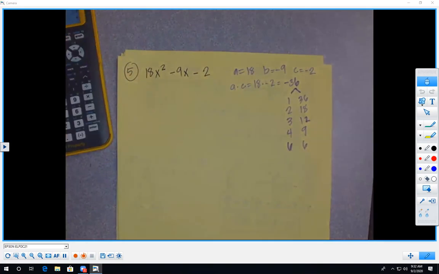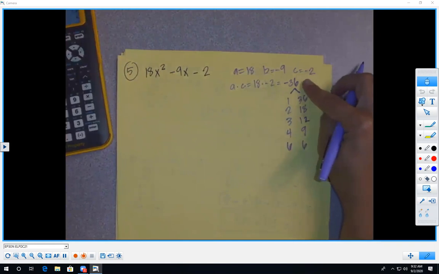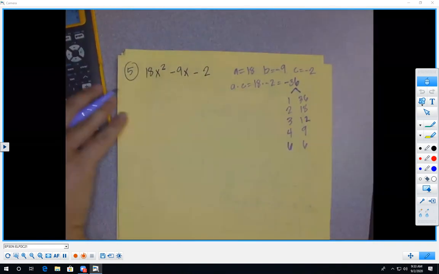Okay, so before I was looking for things to add to give 9. This is a little bit different. And the reason why it's a little bit different is because it's negative 36. To multiply to get a negative number, what kind of numbers do you have to have? One negative and one positive. Okay.